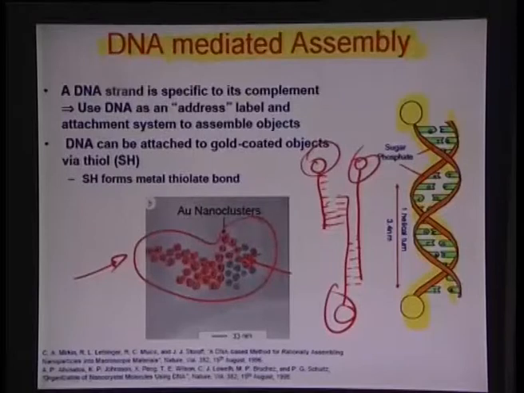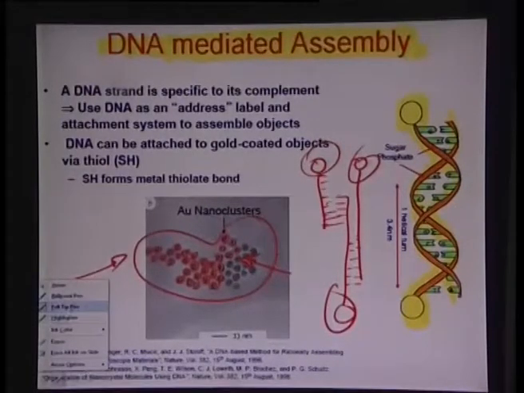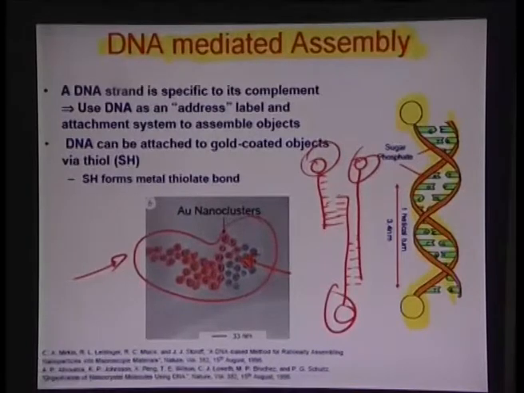Okay. So essentially this is one of the first experiments which demonstrated how DNA mediated self-assembly can be used for putting together nanoparticles. So essentially a DNA strand is specific to its complement. So use DNA as an address label, an attachment system to assemble objects, and the DNA can also be attached to these gold particles by using thiol chemistry.